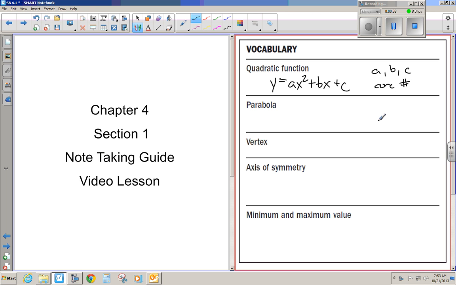A parabola is the shape or the graph of a quadratic function, and it's in a U shape. So it's either going to be like that or something like that.